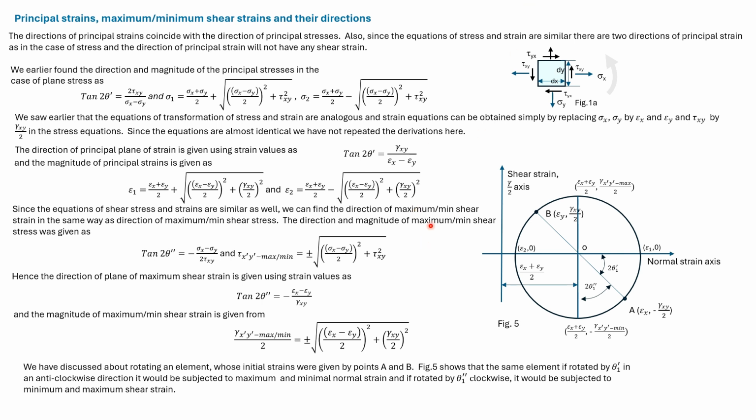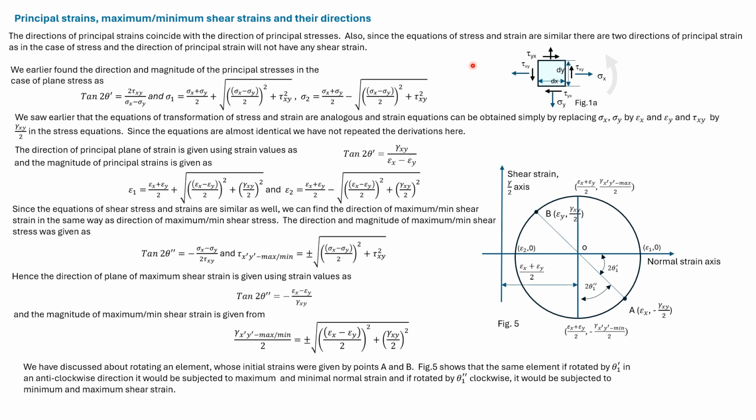Again, we do not repeat the derivation here. For stress, this is the equation for direction and this is the equation for magnitude. Substituting gamma xy divided by 2 for tau xy and epsilon x and epsilon y for sigma x and sigma y, we get these equations.